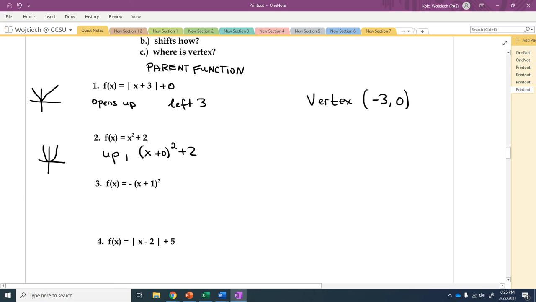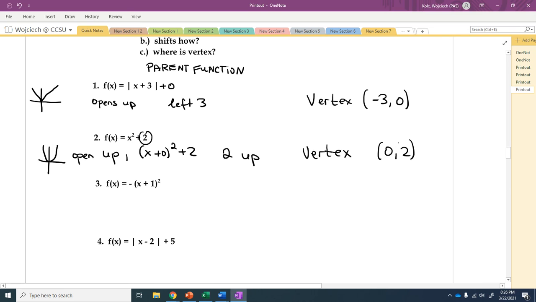But what about going up or down? This plus 2 means 2 up. So move 2 up. So what is my new vertex? Since I am not moving left or right, the x value will stay the same, but I'm moving 2 units up. So the vertex is 0, 2.